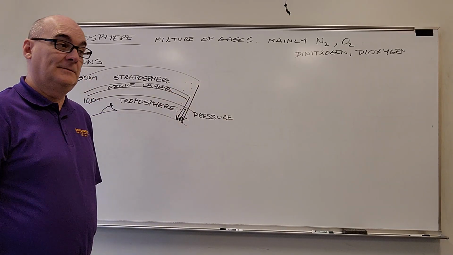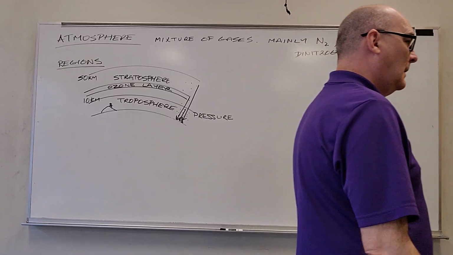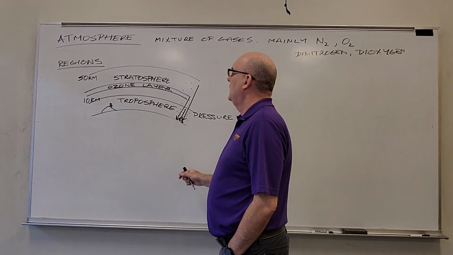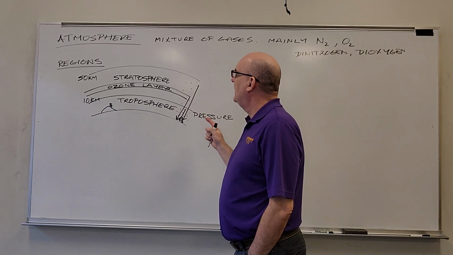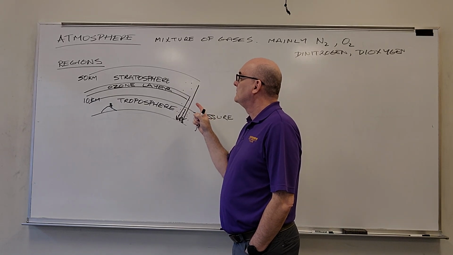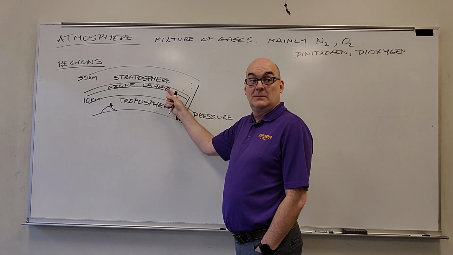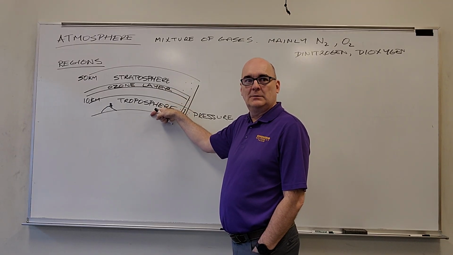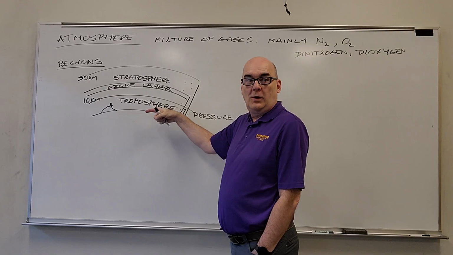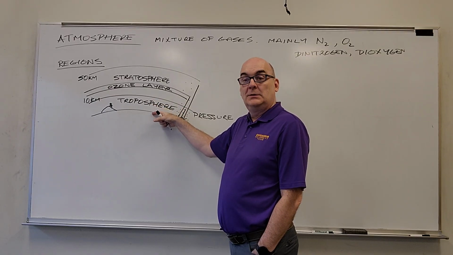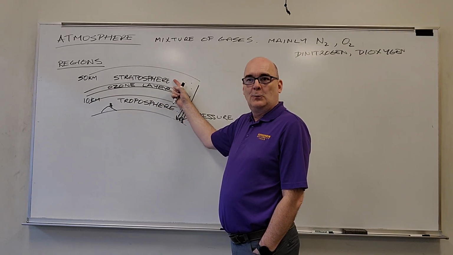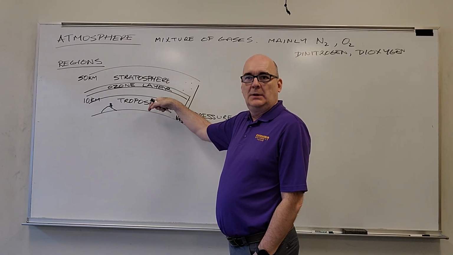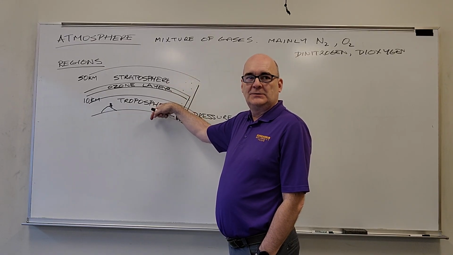There's an ozone layer. We're going to find out, well, we don't even know what ozone is yet, but we're going to find out that up there, really good. Down here, really bad. So we want lots of ozone, but we want it up there. We do not want any ozone, or as little as possible, down here on the surface.